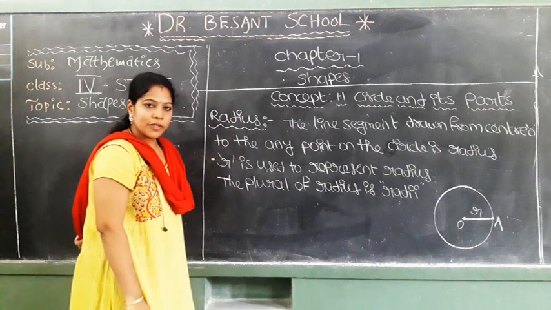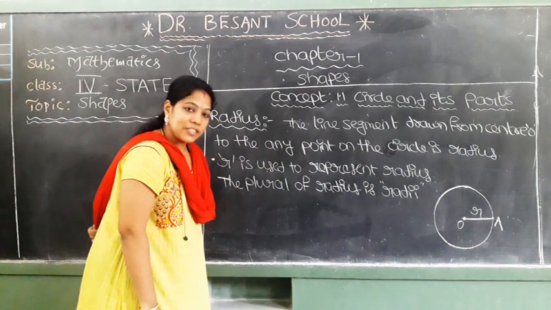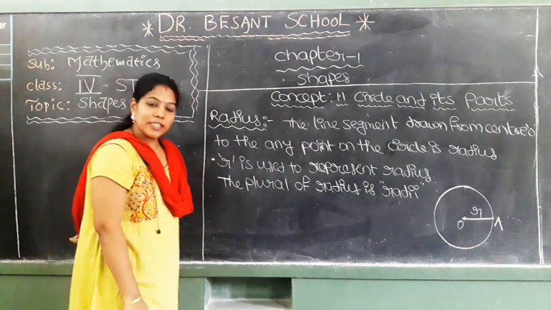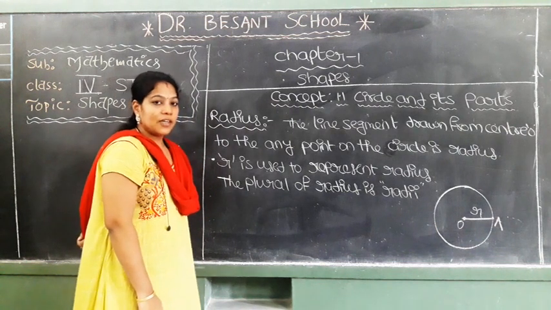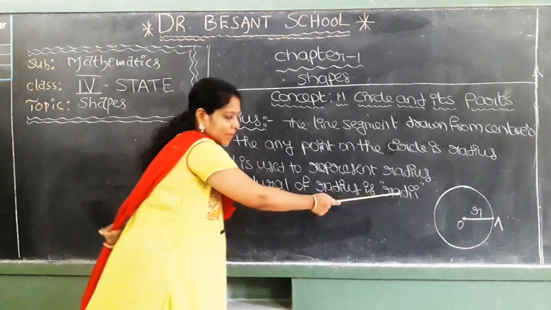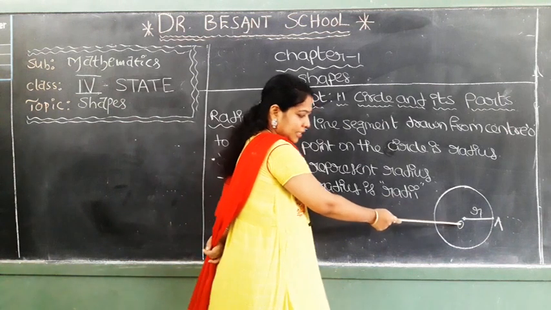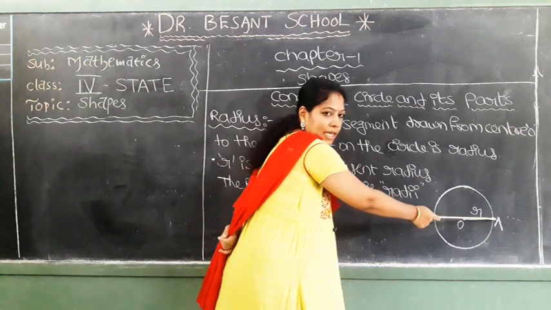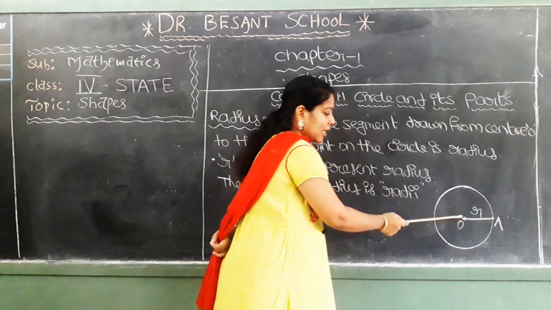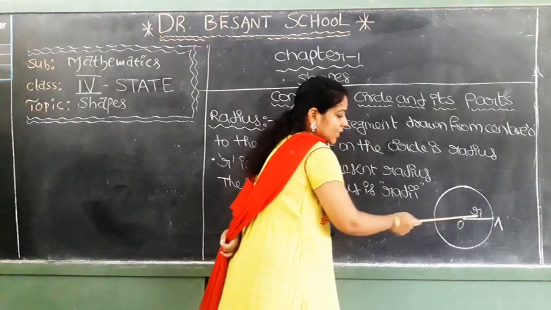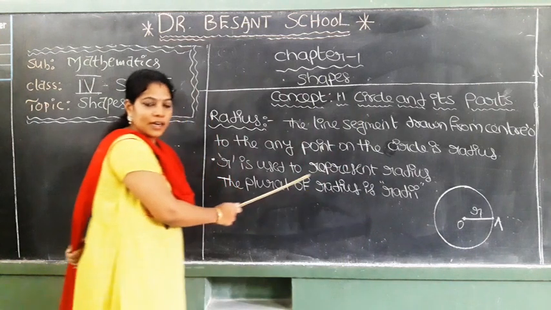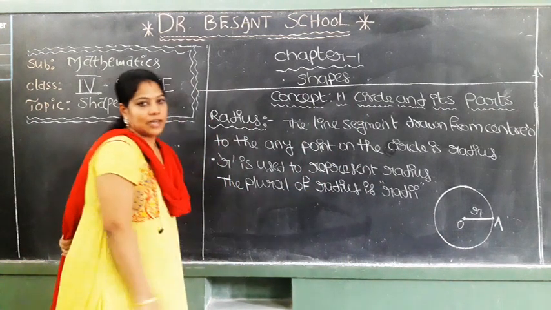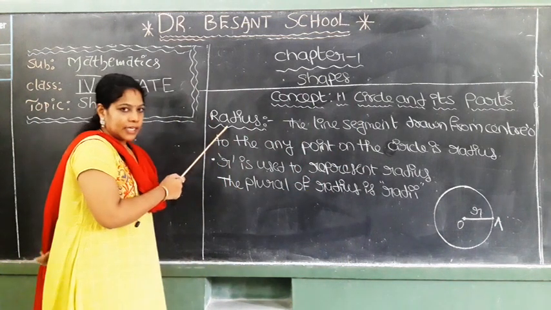What is the plural of radius? Radii. See, this is the center O and I am taking A as the point on the circle. The line segment drawn from O to A is called radius R.